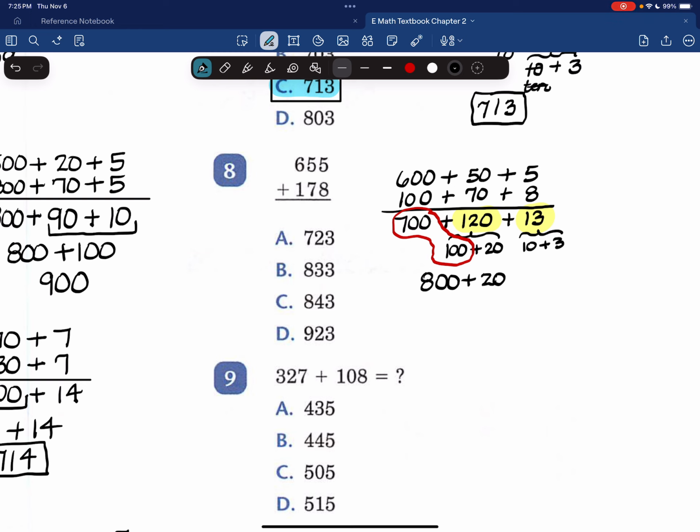So that 10, I'm going to take it off of here and move it over here. So we actually end up with 30. And then that 3. So this would be 833. And I like answer B as in boy on this one.